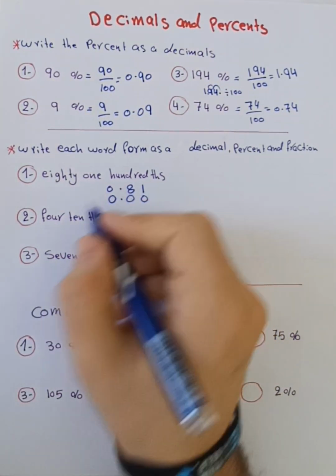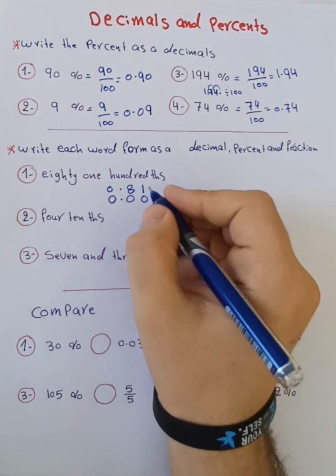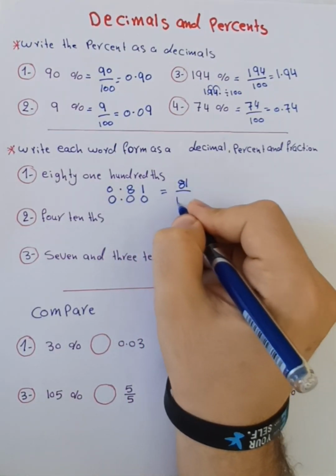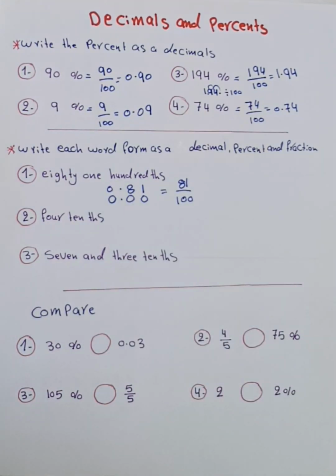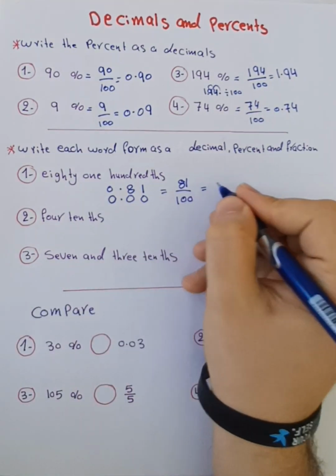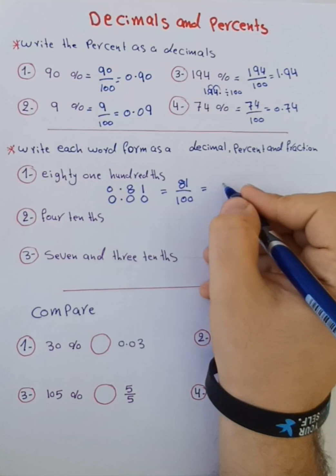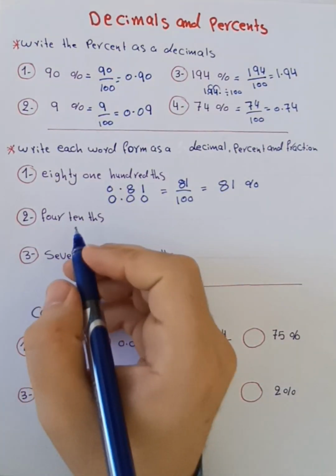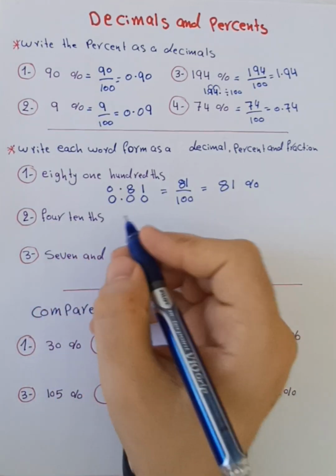This is 81 hundredths. And the fraction form for 0.81 is 81 out of 100. And the percent form for 0.81 is 81%.